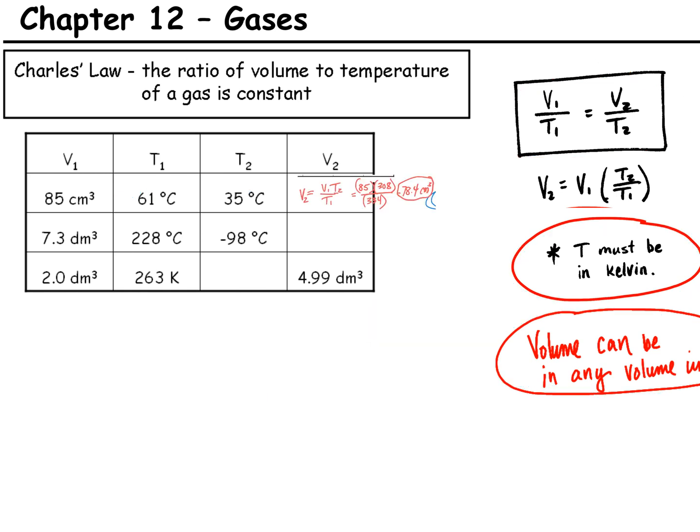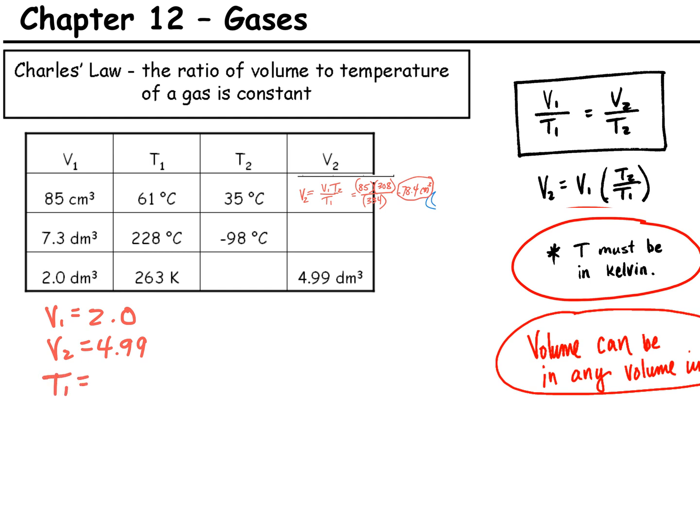All right, let's try the last row here. V1 is 2.0 decimeters cubed. V2 is 4.99 decimeters cubed, and they match, so we're good to go.